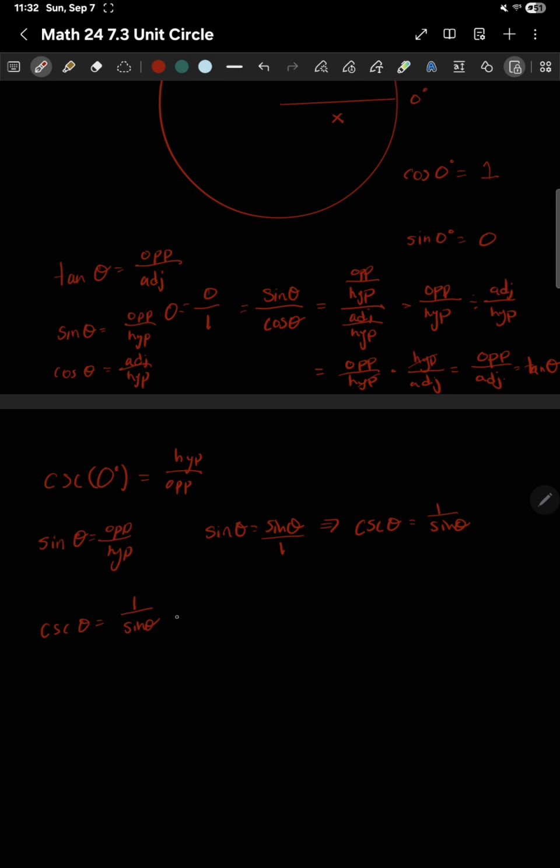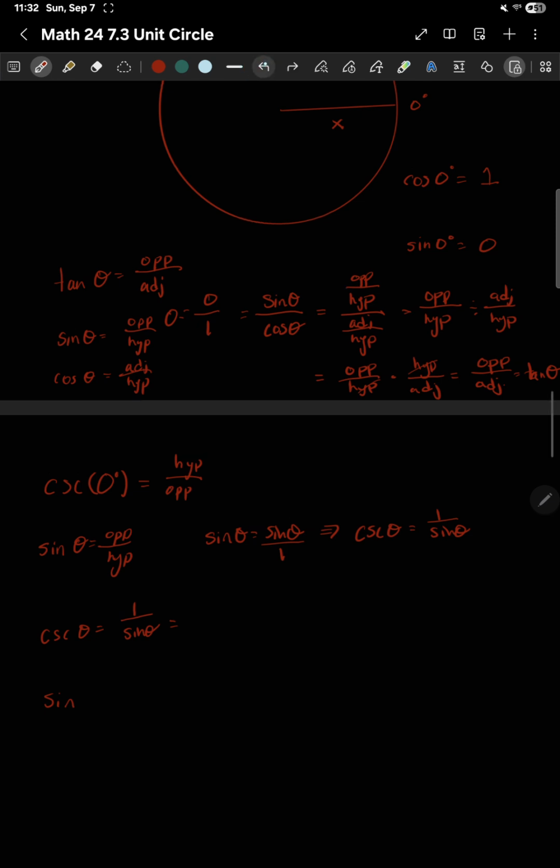And so if we know sine of 0 degrees, not theta, excuse me, sine of 0 degrees is equal to 0, then cosecant of 0 degrees is equal to 1 over sine of 0 degrees.